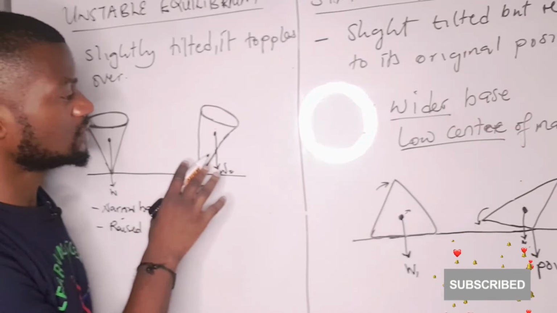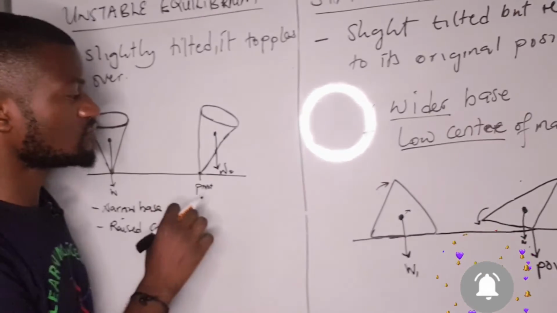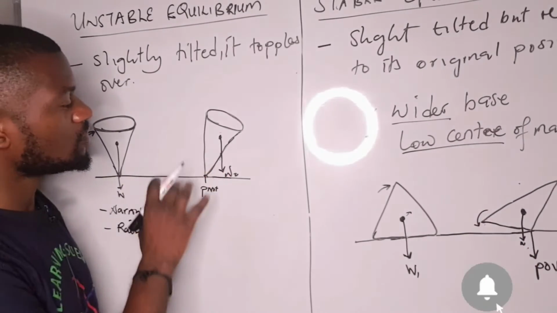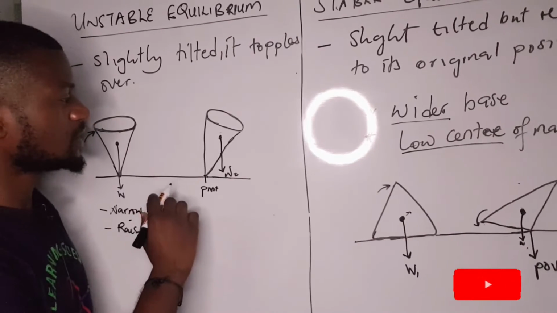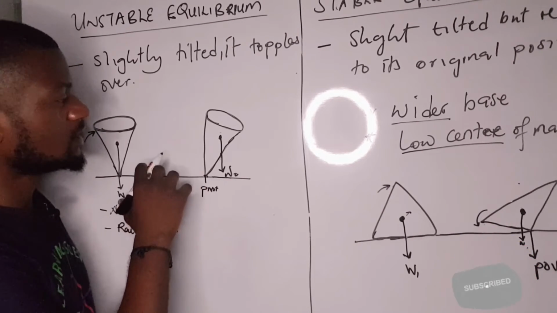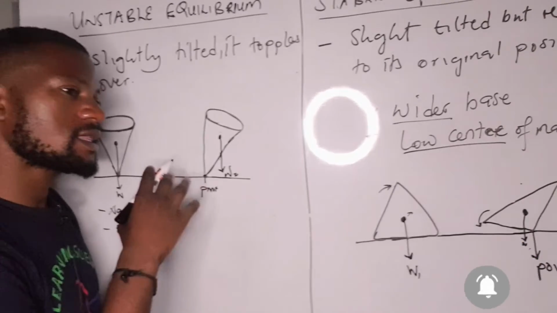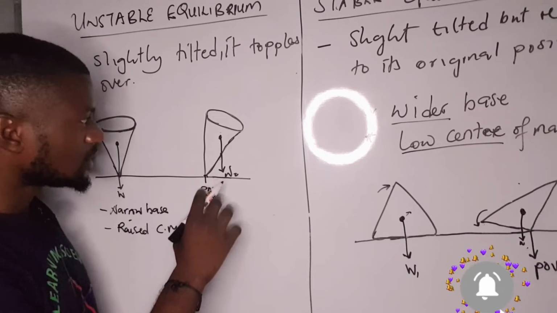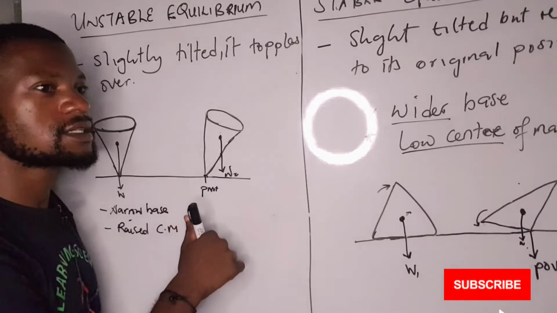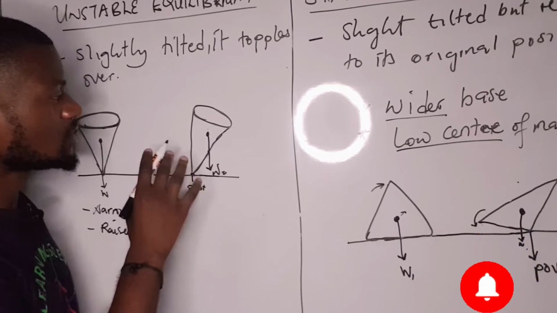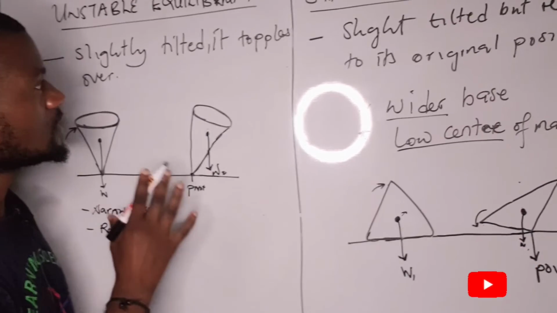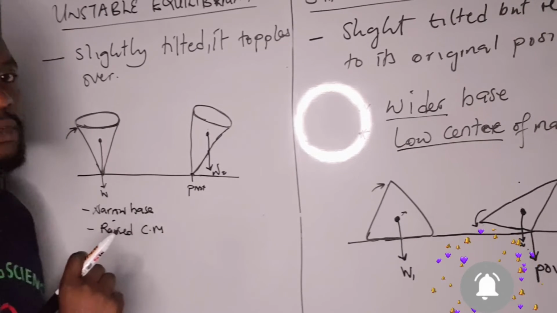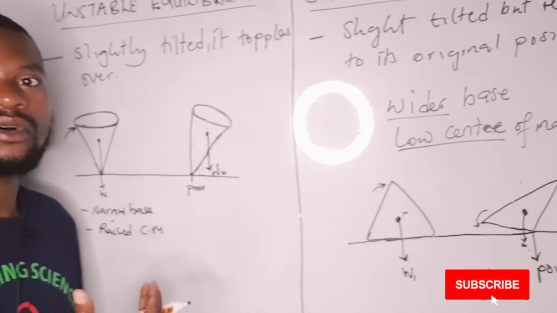And since gravity continues to act on the center of mass downwards, this object will topple over. So the toppling over of this object is due to the turning effect that has been created by the center of mass over the pivot, and at the same time is due to the gravity which is pulling the center of mass downwards. So that causes the object to topple over, and such an object which topples over when it is slightly tilted, we say it is in unstable equilibrium.